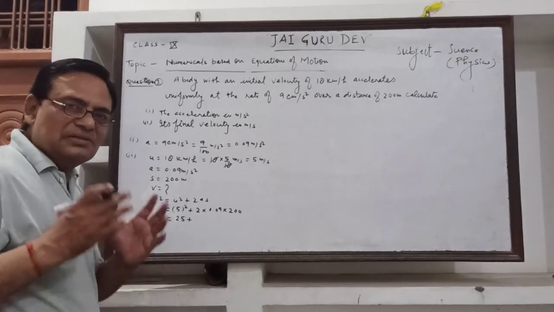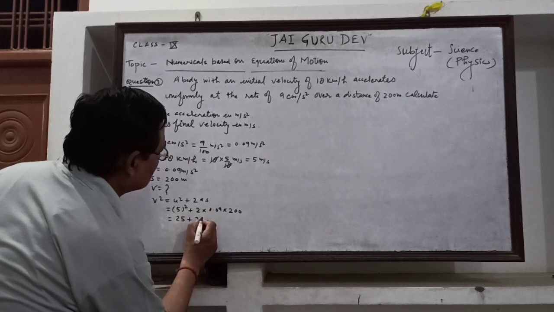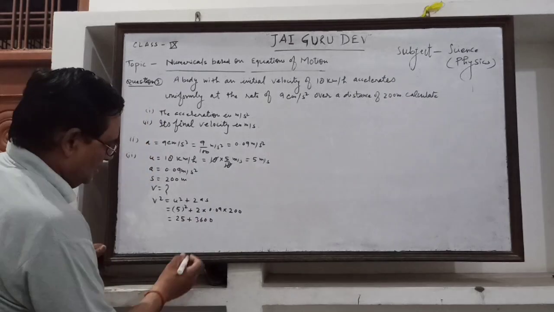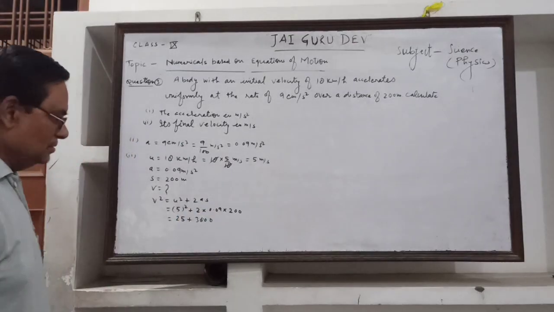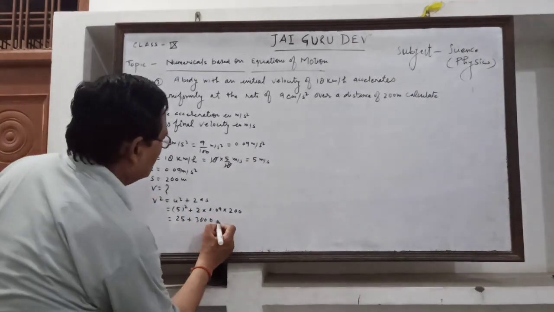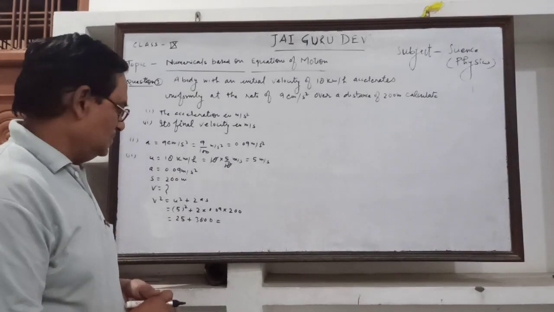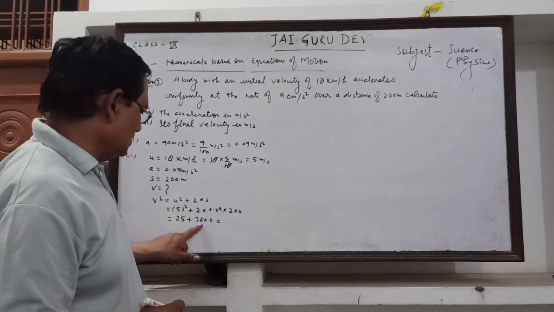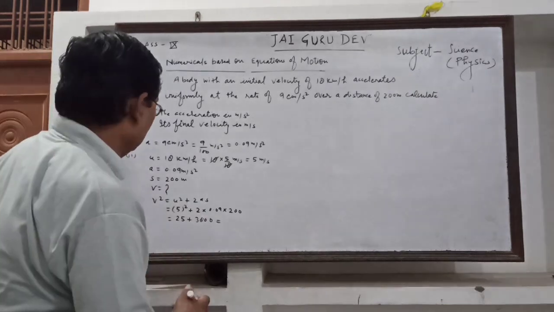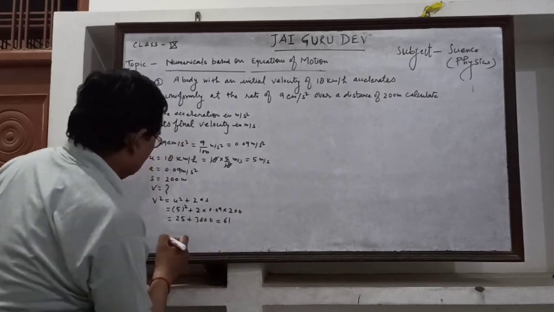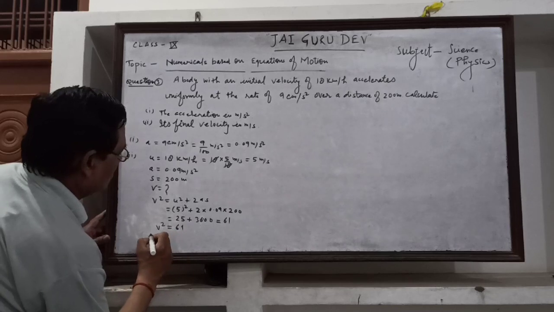So overall you have 3600 and the decimal here. Therefore, 36 plus 25 is 61. V square is equal to 61.